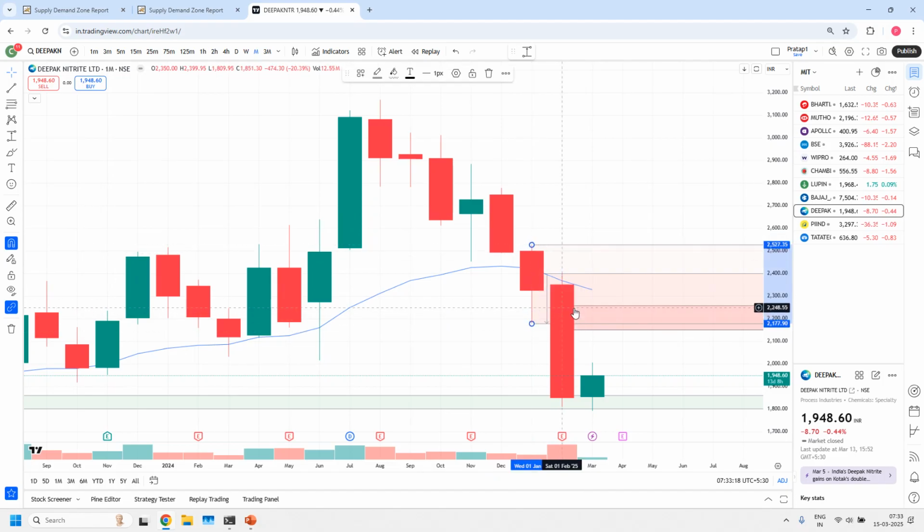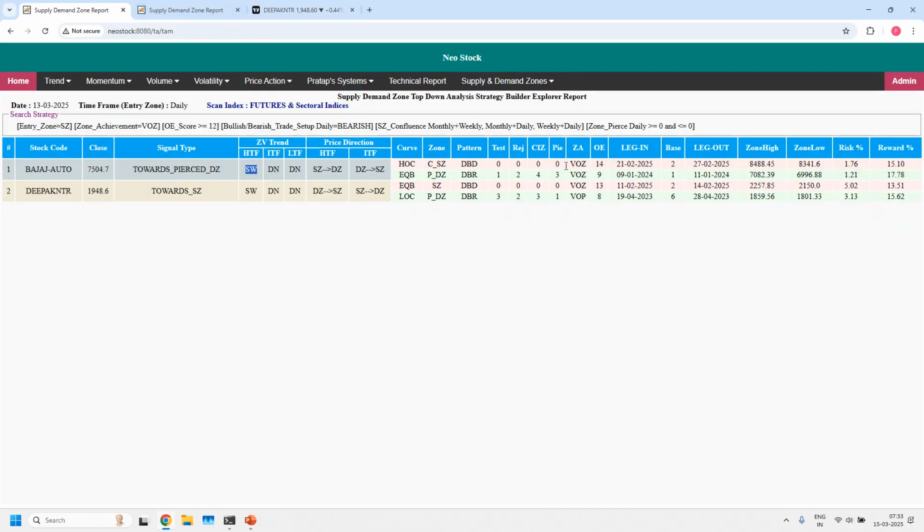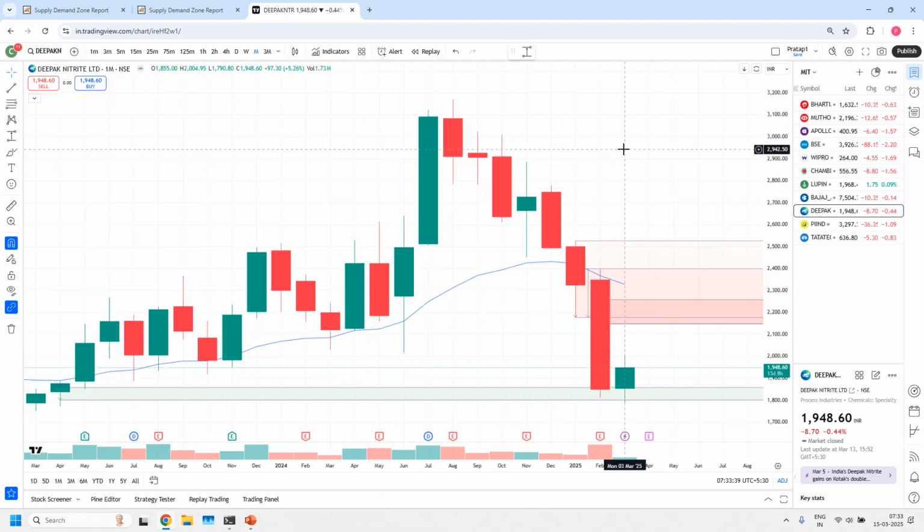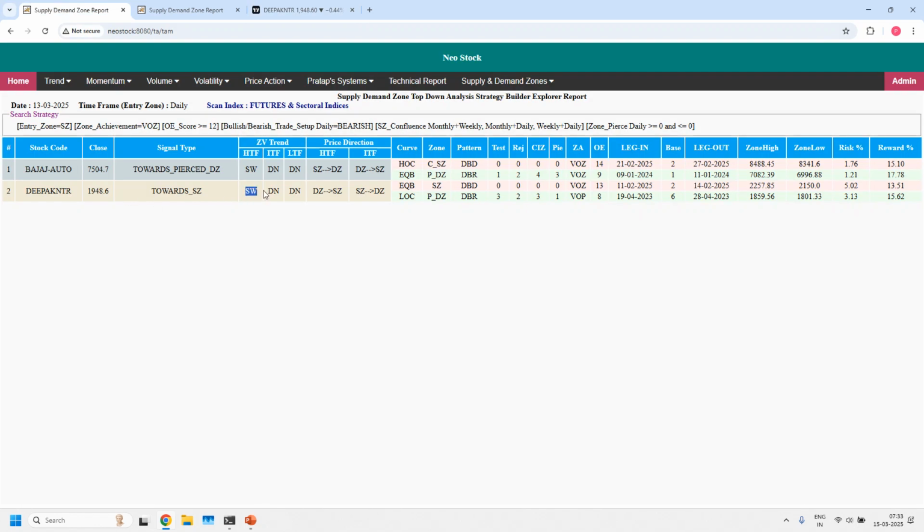See, daily is overlapped with monthly, daily is also overlapped with weekly, and weekly is also overlapped with monthly. That is what we selected here, right, in the filter. Monthly should overlap with weekly, monthly should overlap with daily, weekly should overlap with daily. All three are overlapped. And EMA confluence is there, but we won't consider this EMA because the trend is sideways.